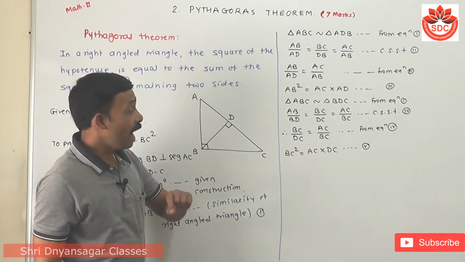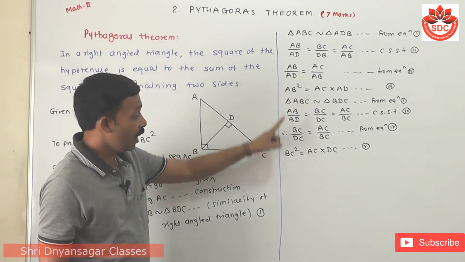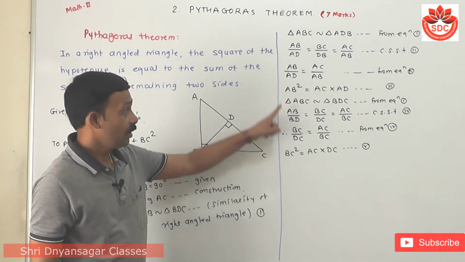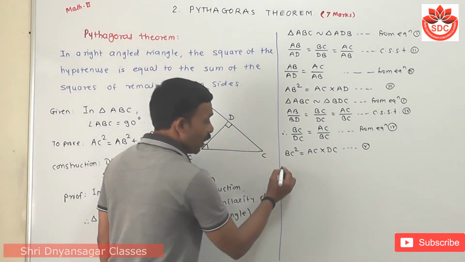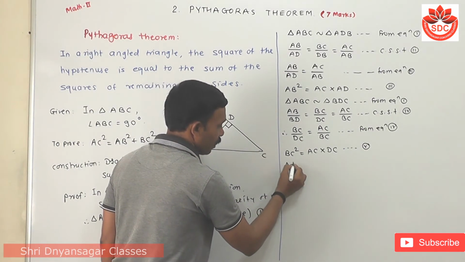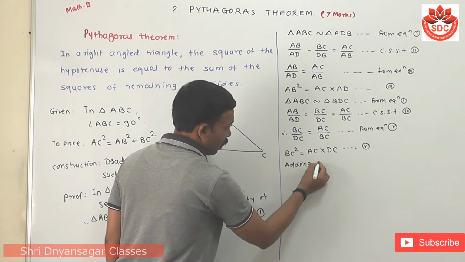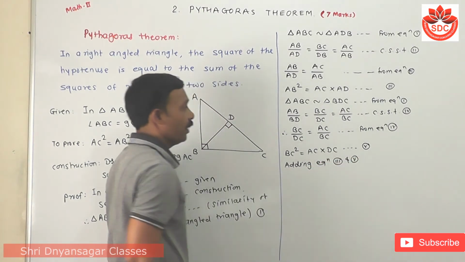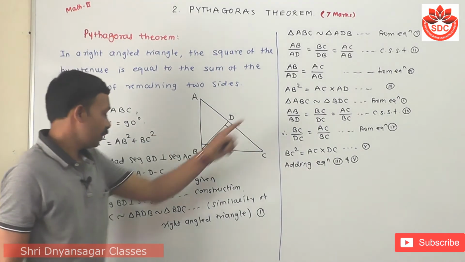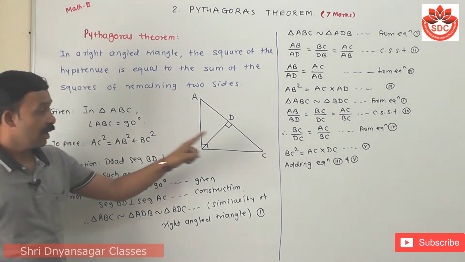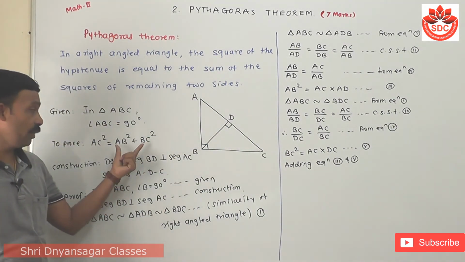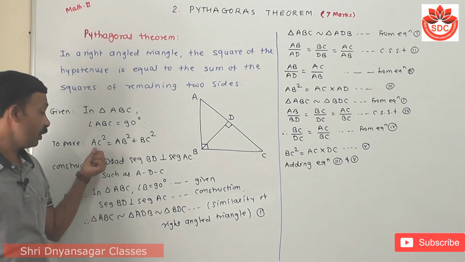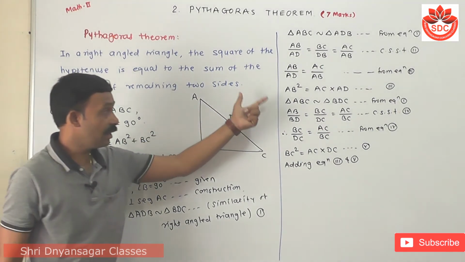Students, then we add equation third and 5. Equation third is AB square and 5 is BC square. When we add it, we want to prove AC square. So I have to add these two equations.